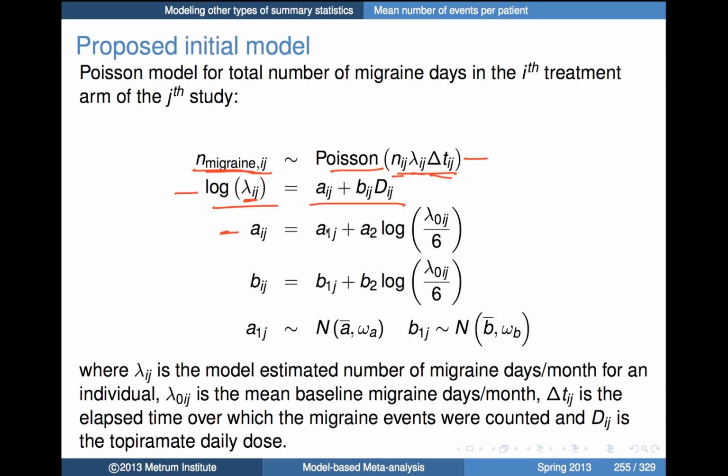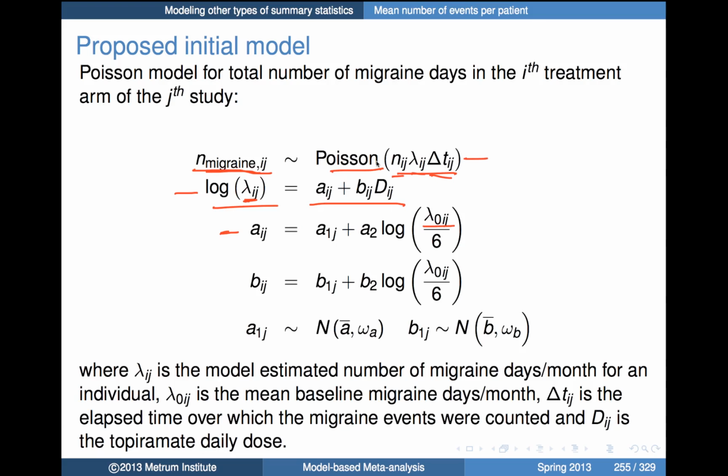Then for each one of those components, the only covariate I explored so far was the baseline migraine rate. In particular, this lambda 0 sub ij is the mean number of migraine days per month during a baseline observation period in the same group of patients.